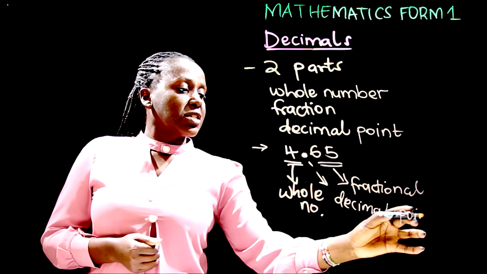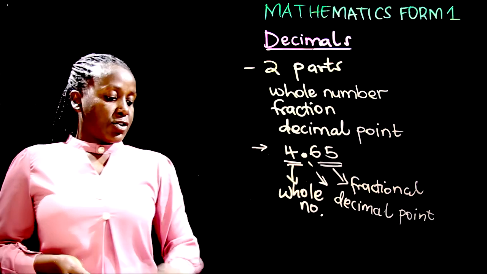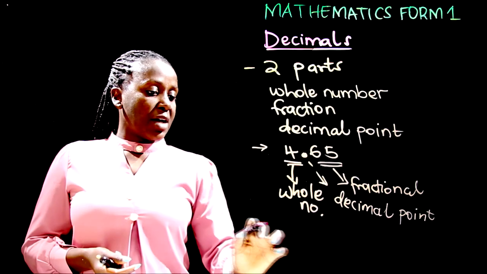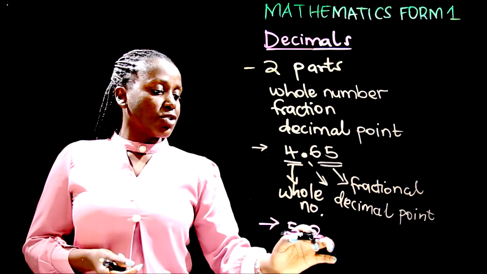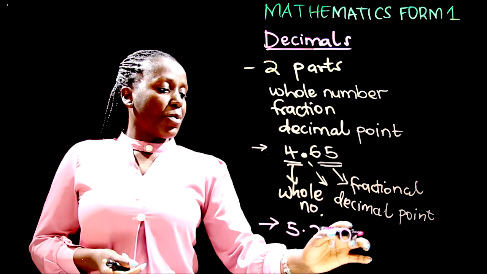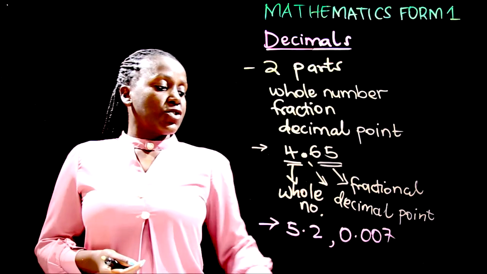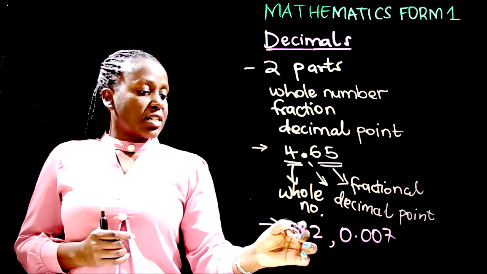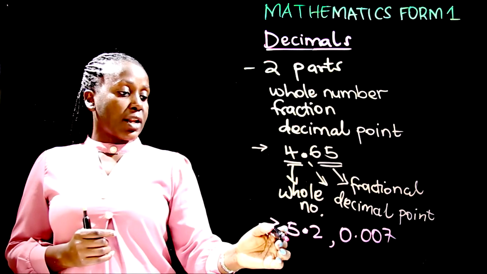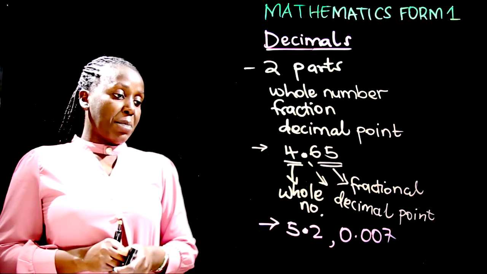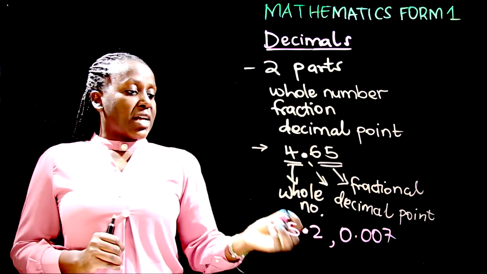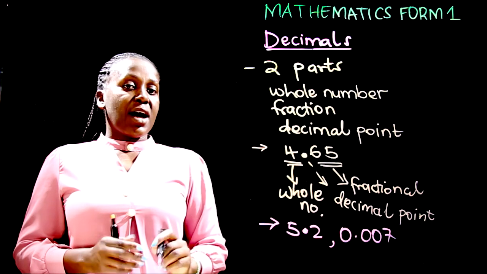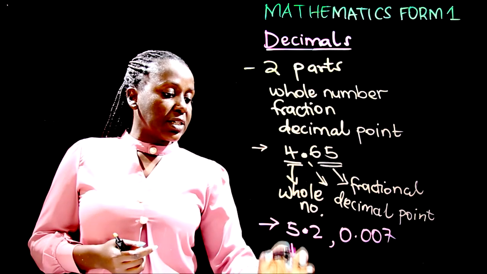Other examples of decimal numbers are 5.2 and 0.007. You can have as many as you like, as long as it's a decimal point separating the whole number and the fractional part. Now the numbers that come after the decimal point are called decimal places.